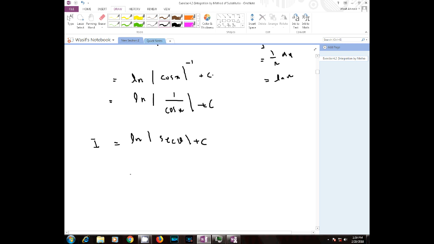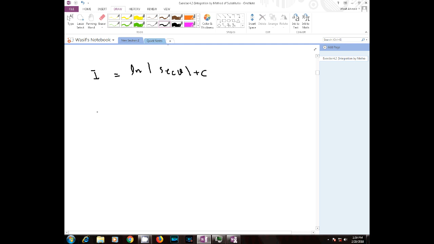Next question is very simple and very similar. Question number 4. In this question you have to integrate I equal to cot x dx.